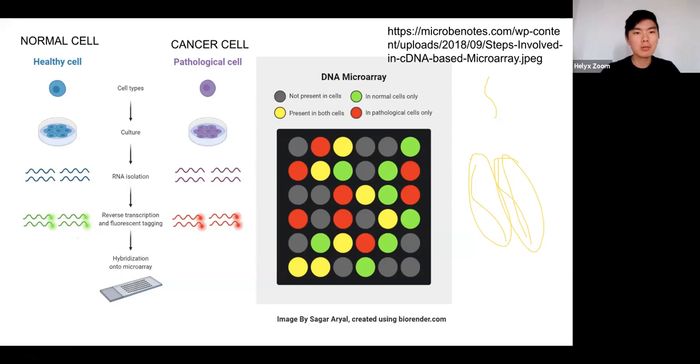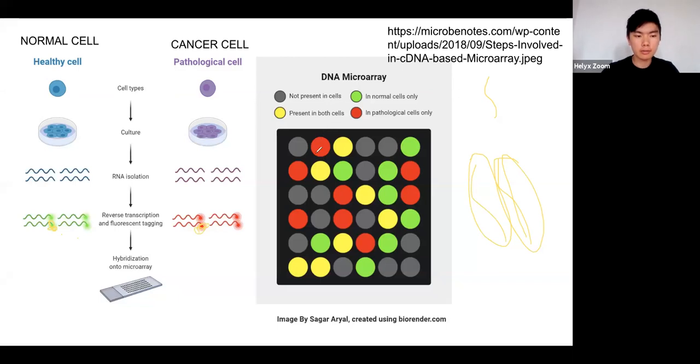Okay, anyway, so we're shining a laser through the chip. And we added a fluorescent tag onto each of the DNA. So the standard method is to put green tags on your control group and red tags on your experimental group or disease group.